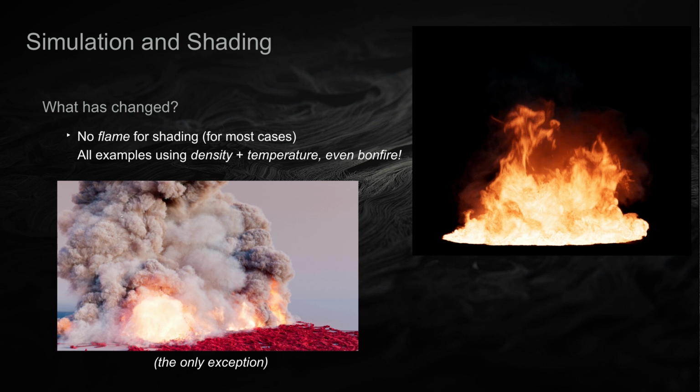For example, there was one exception, and this was Ian's project. Ian was working on this firecracker project, and he was using both flame and temperature fields to shade this smoke plume. The reason is that we were looking at references and seeing this big plume of smoke, and inside it you would see a cluster of bursts popping out, sometimes here, sometimes there, very randomly at different places.